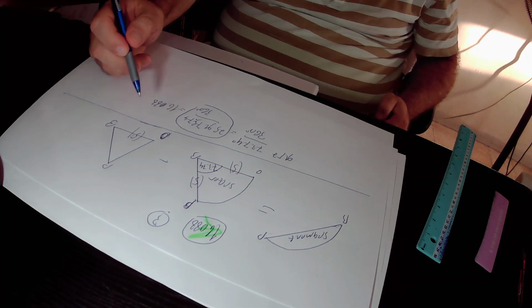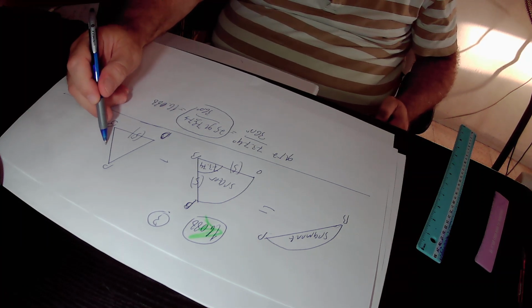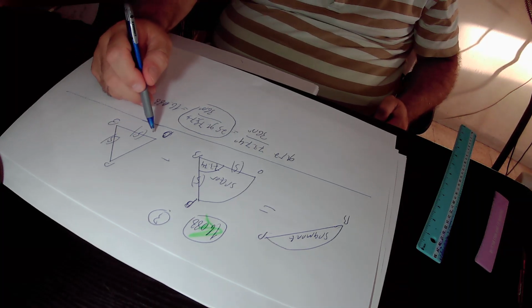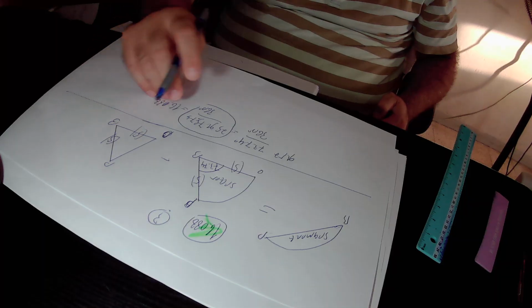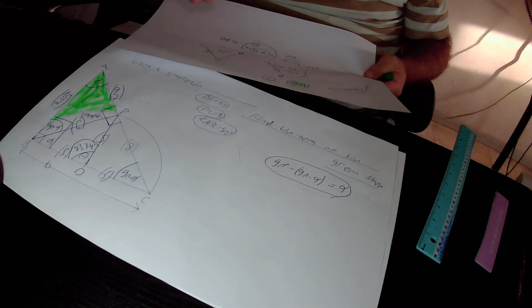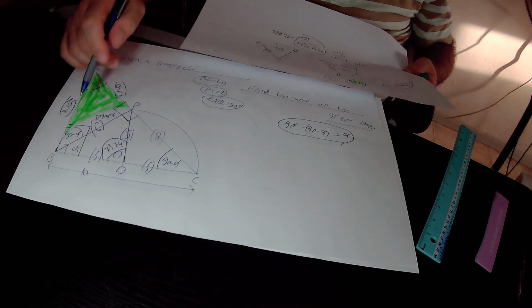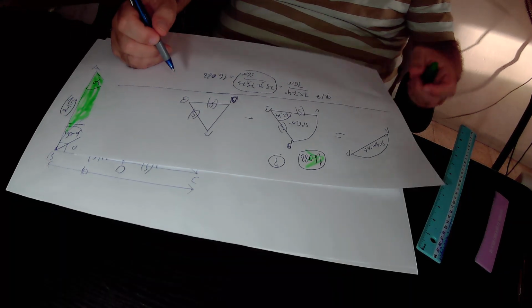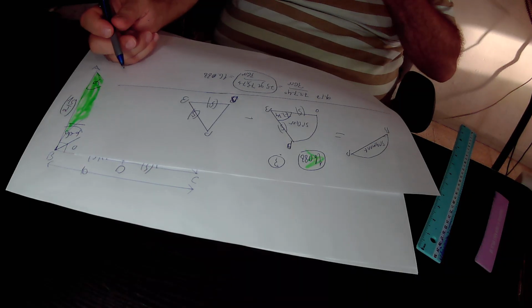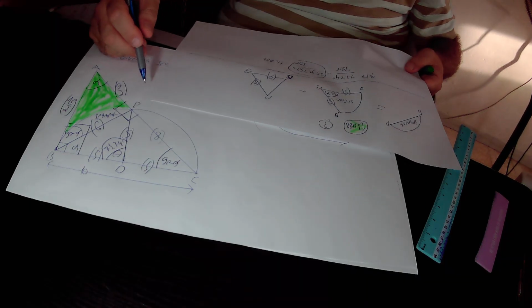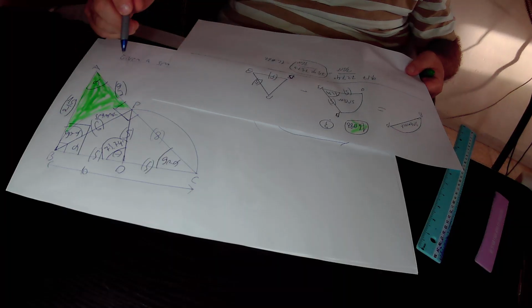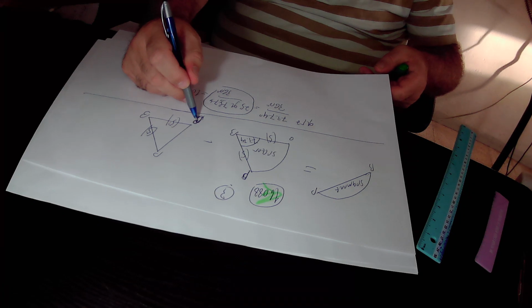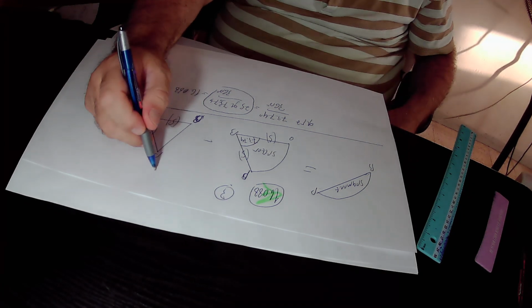OB equals 5, PB also equals 5 above the semicircle, and PB equals 6 units in its size.